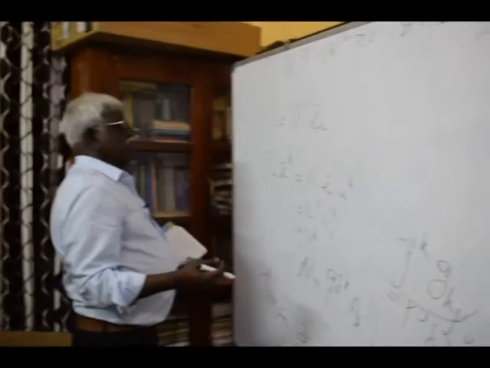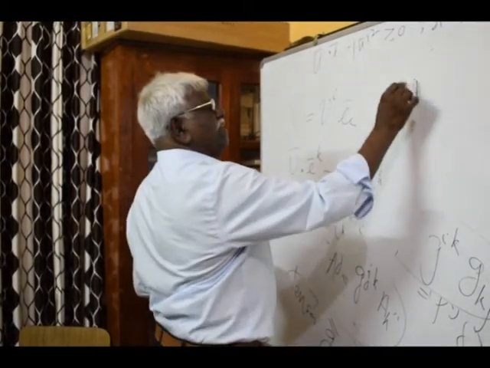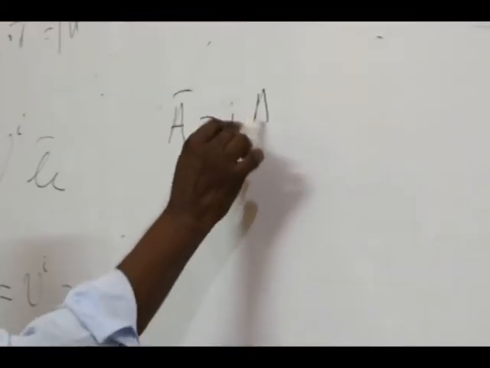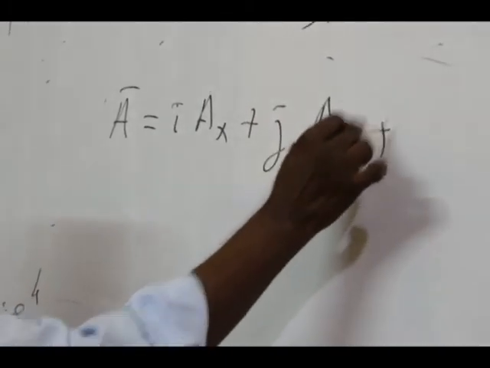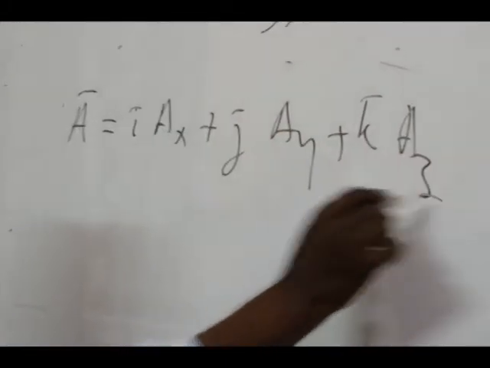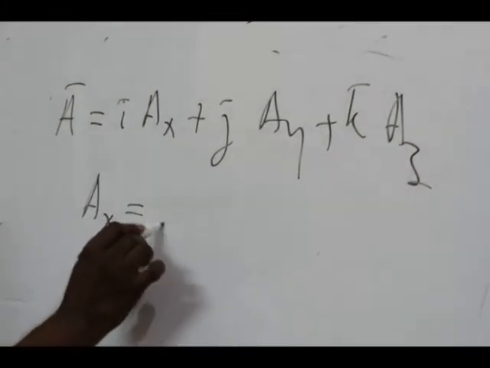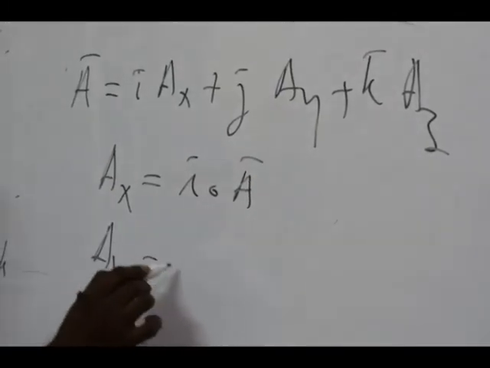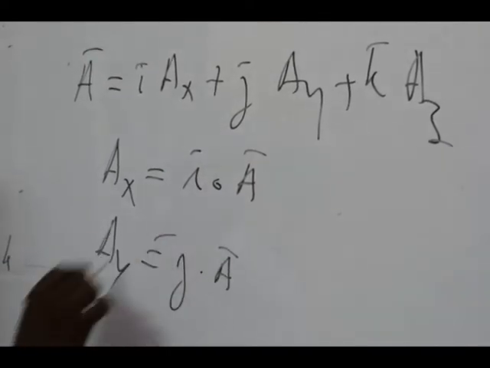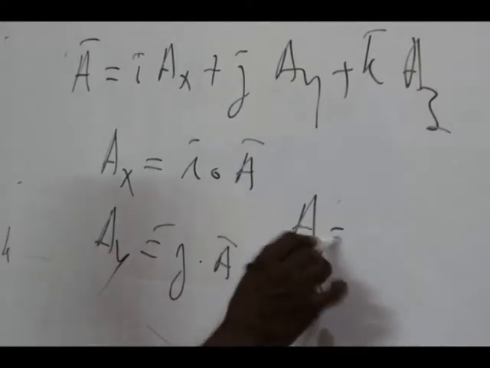Say, for example, you consider three-dimensional Euclidean space. A vector A we write as Ax I plus Ay J plus Az K. Then Ax is I dot A, Ay is J dot A, Az is K dot A, when we introduce the Cartesian coordinate system.